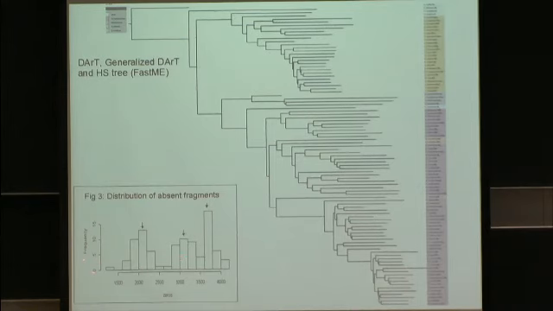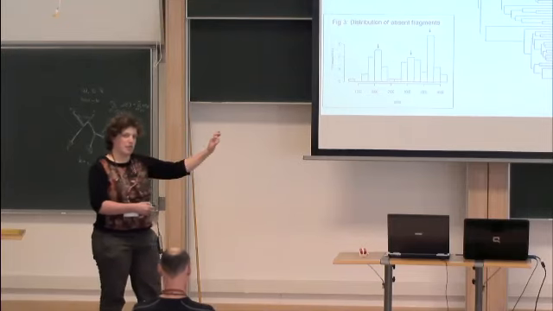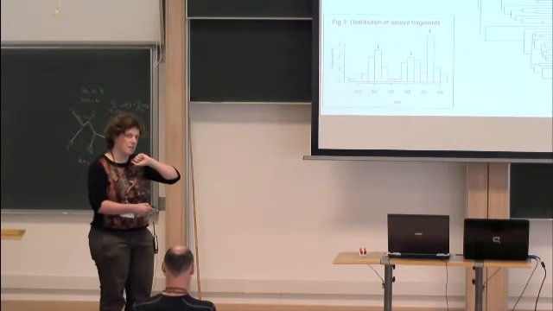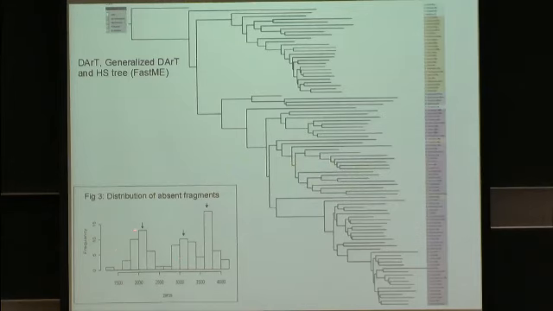So this little histogram down the bottom here is just a frequency histogram of how many zeros there are in the character matrix for any particular row. So how many fragments are missing or absent in any particular row. We've got some down here where, out of about 8,500 characters, they have about 6,000 present and about 2,000 missing.